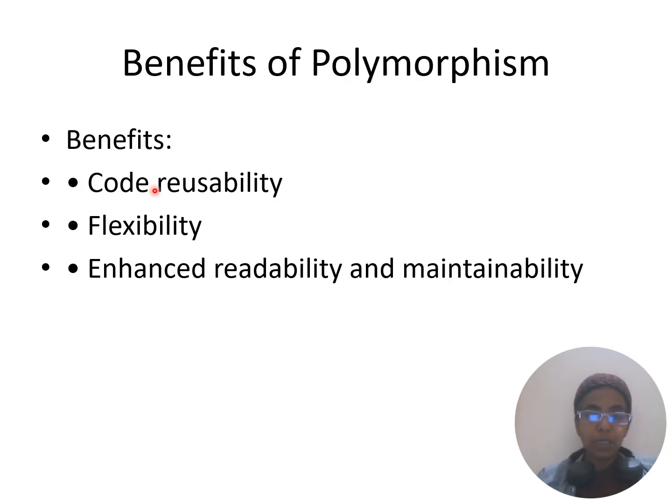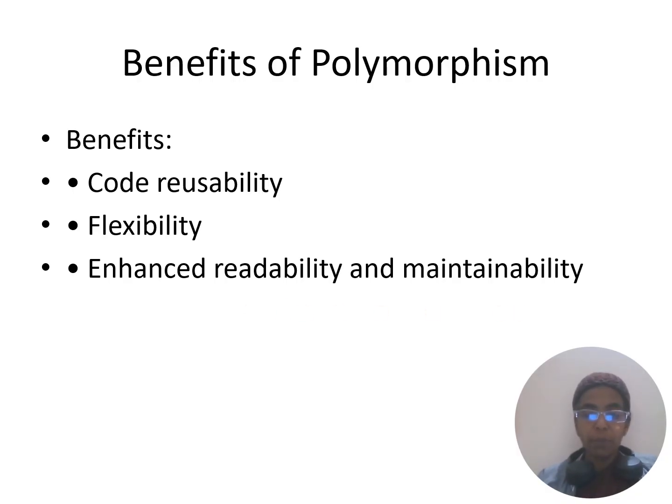What are the benefits? I can use my code again and again, I get the flexibility of using the same method name, and I have enhanced readability and maintainability. If I want to maintain my code and reuse my code, I can easily do that.